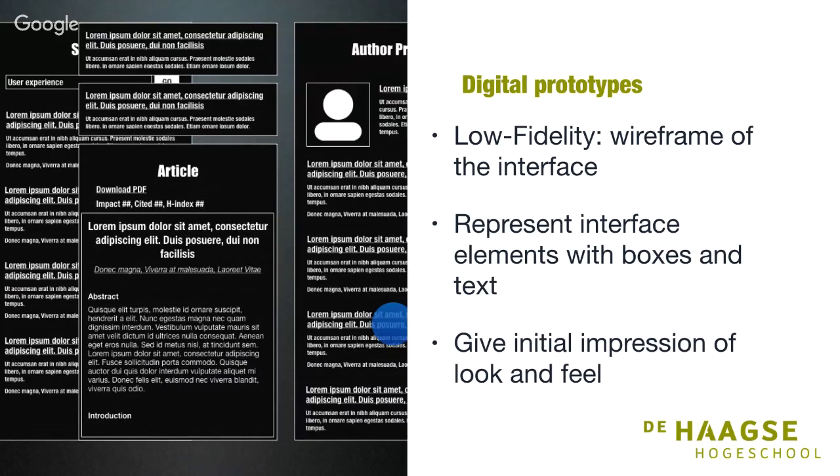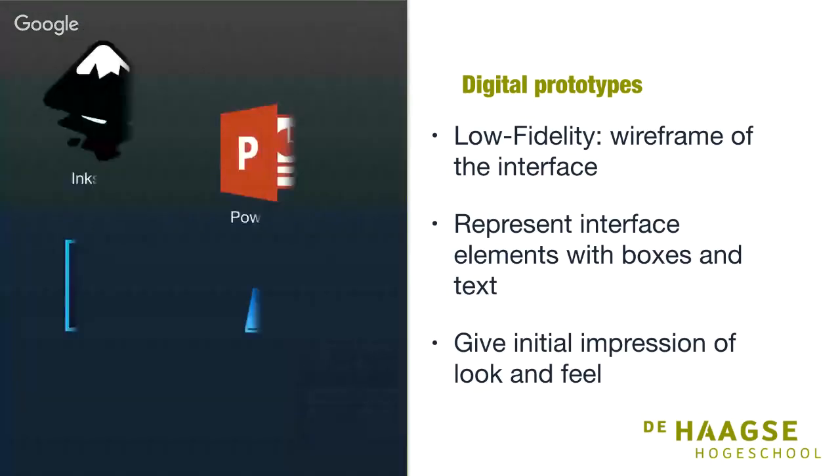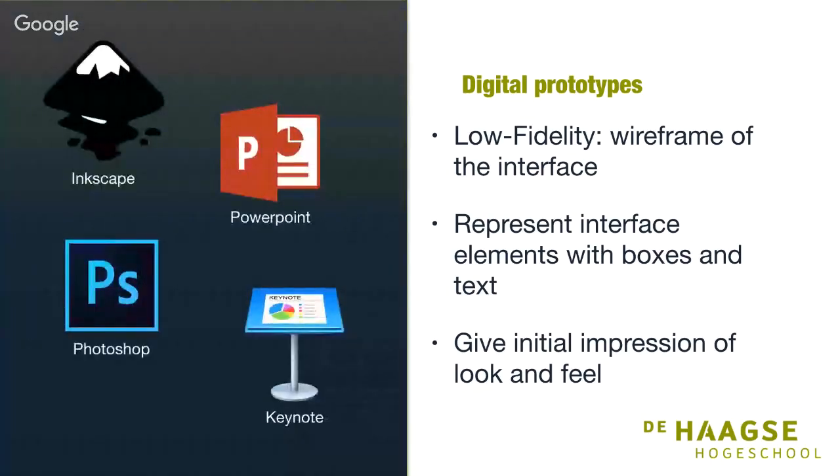I made this using Keynote, which is the Mac version of PowerPoint. You can use PowerPoint. You can use Photoshop to make drawings. You can use Inkscape, which is a free, open-source, vector-oriented drawing program. It's similar to Illustrator from Adobe.